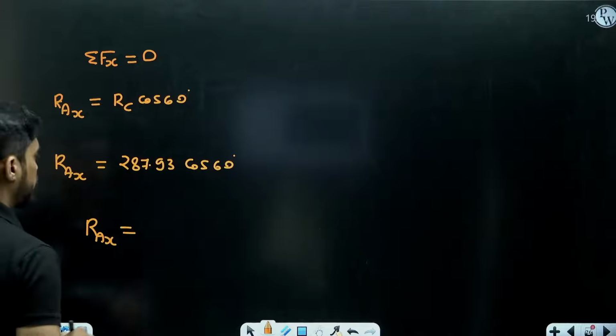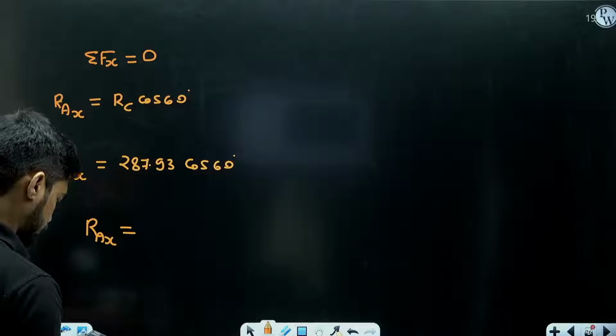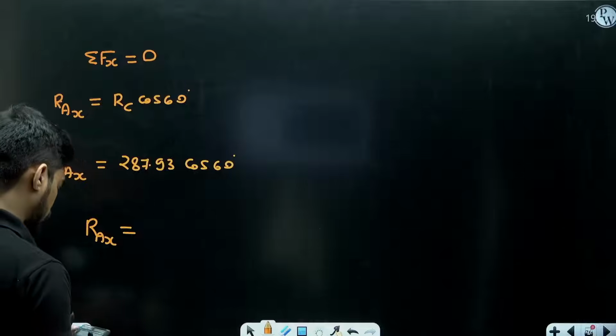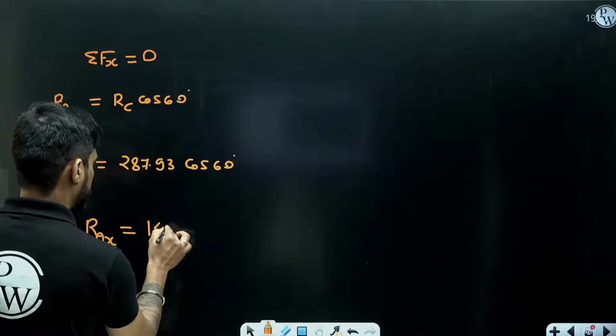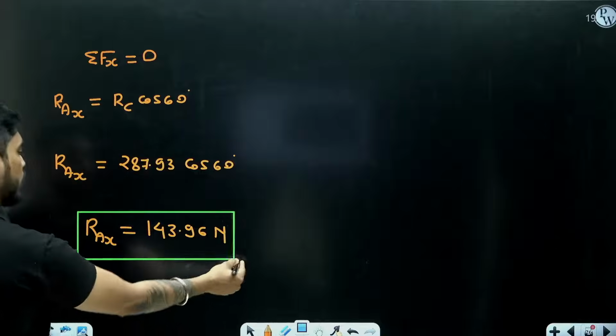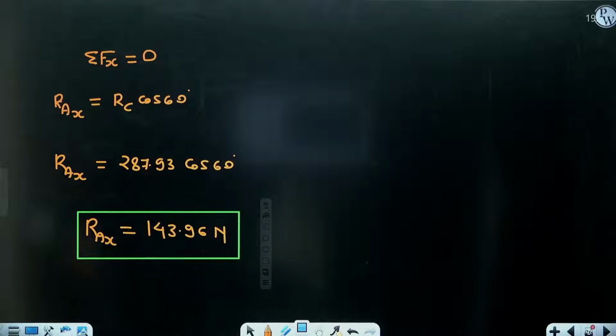So RAX will be 143.96 Newton. Very good.